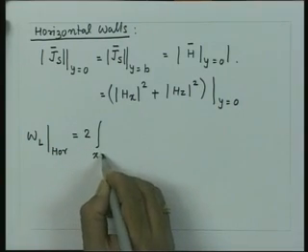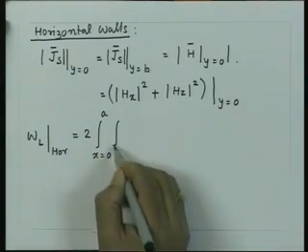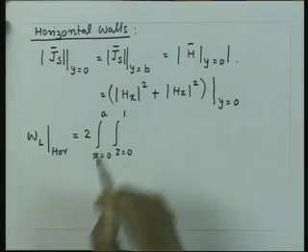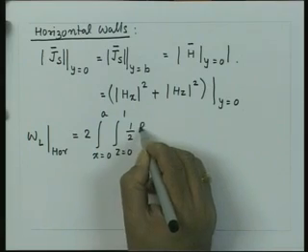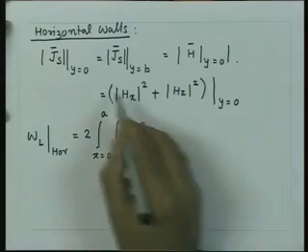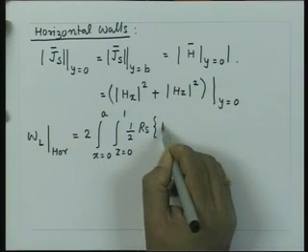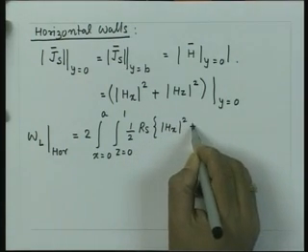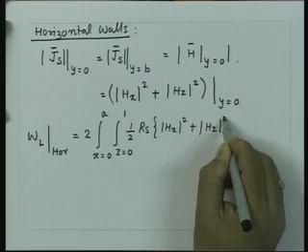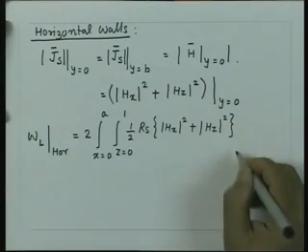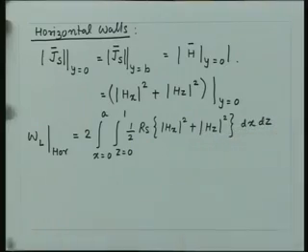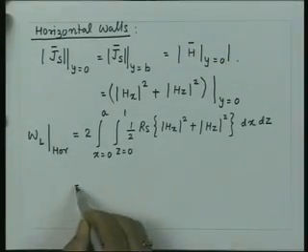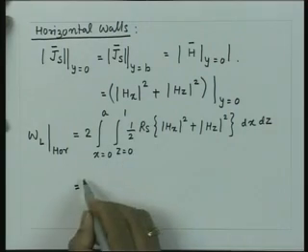So, this is x equal to 0 to a, z equal to 0 to 1, half Rs into |Hx|^2 plus |Hz|^2 at y equal to 0 dx dz. Substituting from these expressions for Hx and Hz, we can calculate this.